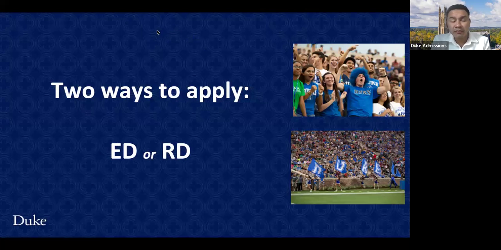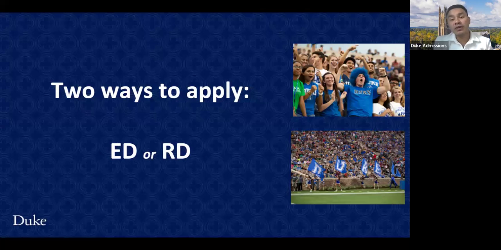For waitlisted students, you'll have to wait until the summer until we hear back from other students who were offered admission, and depending on how many of our admissions offers get accepted, we might have room later in the summer to bring some students in from the waitlist.